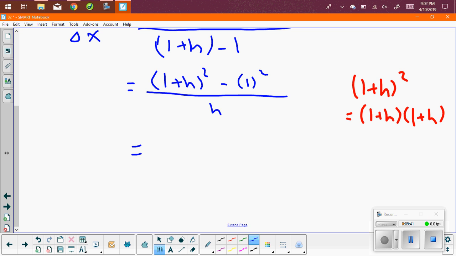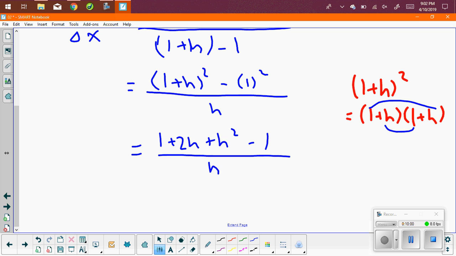So when I distribute that out, the terms I'm going to get are 1 squared, so 1, 1 plus 1 times h, and another 1 times h, and another one of those is plus 2h, and then plus h squared, and then take away 1. That's all divided by h.